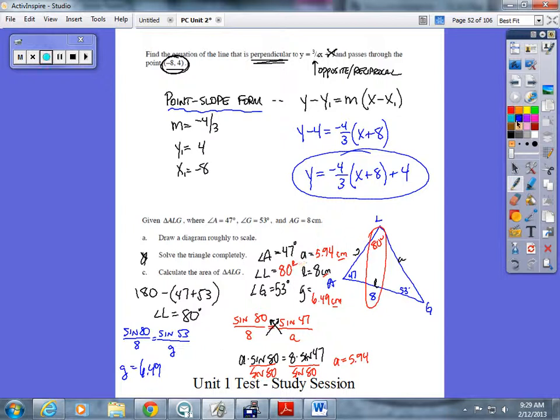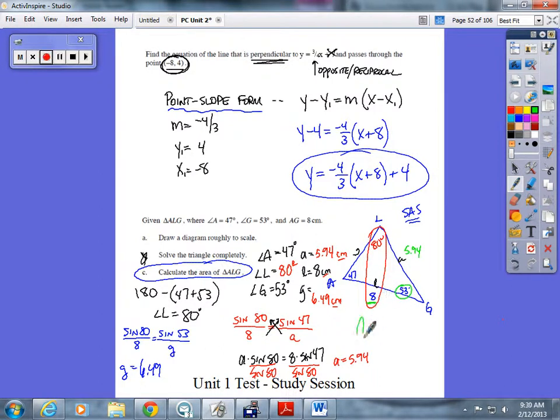Last is part C. It says calculate the area. You have to have side angle side to do that. So we're going to have to use some values here from our original problem plus some values that we found. It doesn't matter which side angle side you use. So I know that side A is 5.94, angle G is 53, side L is 8.